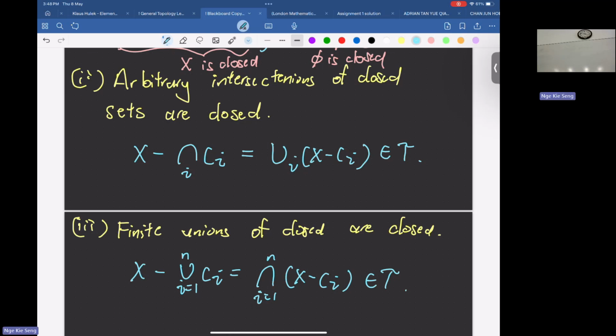Taking complement is a bijective action. It should be unique: the complement of me is just everything else, and the complement of everything else shouldn't be something else. So complement is a bijection. Similarly, you can define subspace topology for closed topology.